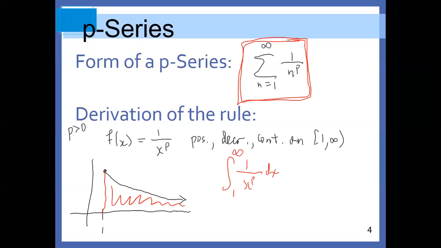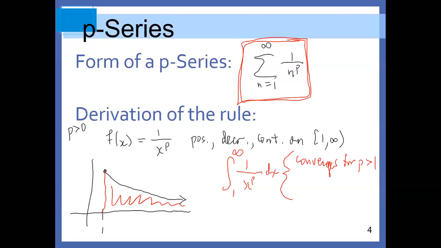Do you remember what we found out about this? Where was the cutoff point for this integral to converge? Yeah, this thing converges for P greater than 1.